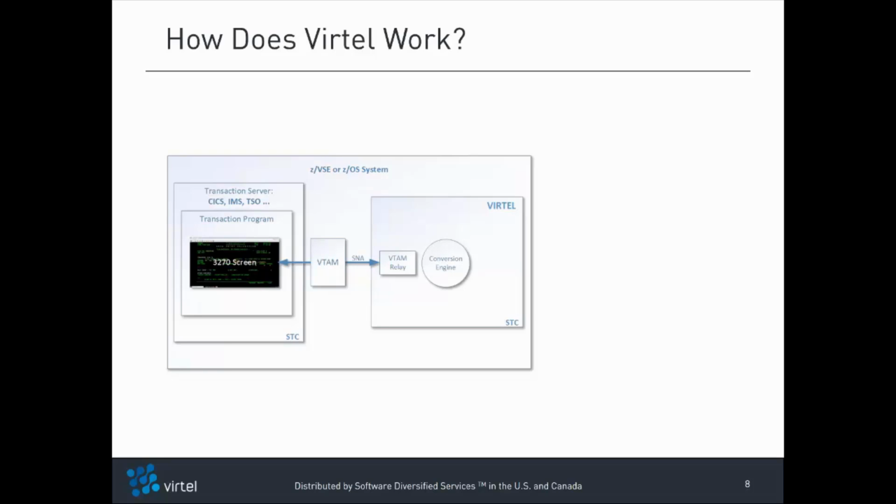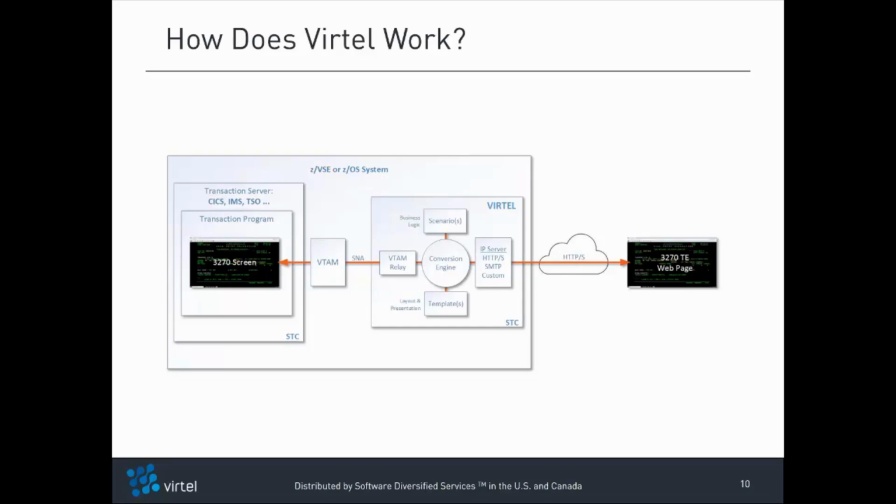Behind the VTAM relay is a communication protocol and data conversion engine which interfaces between mainframe and web technologies. Behind the conversion engine is an IP server which manages the TCP/IP connections with the client devices. At runtime, Virtel relies on scenarios for the user interface business logic and on templates for the user interface layout and presentation.